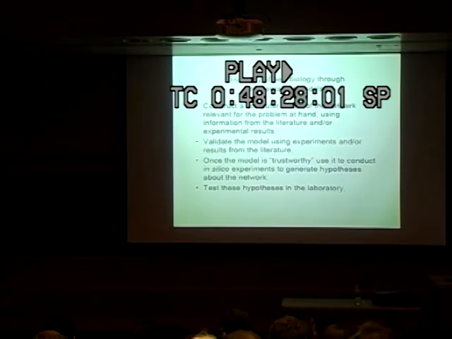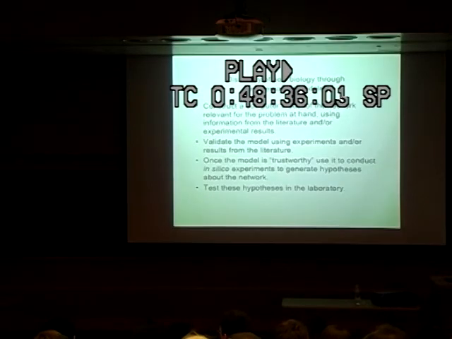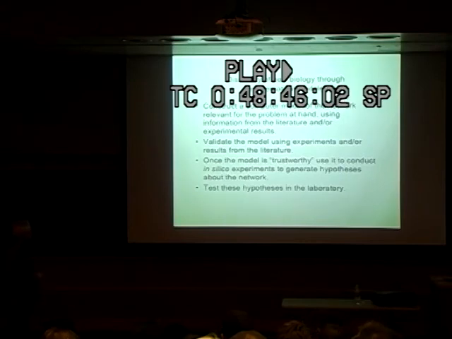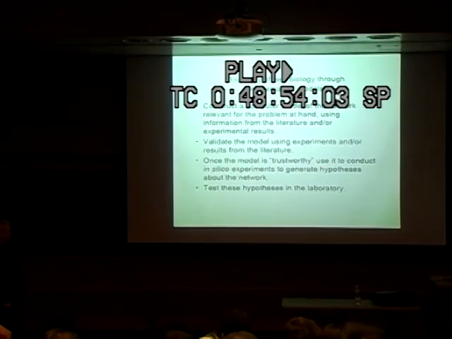For example, if you want to do metabolic engineering and you want to optimize E. coli to do a particular metabolic process 5% more efficiently than it's doing it, then the kinds of qualitative models I showed you will not do you any good. You need something different. But so you build your model, you validate it, once you trust it, you use it as a tool to generate hypotheses. You go in the lab, and it will save you time and it will save you money.